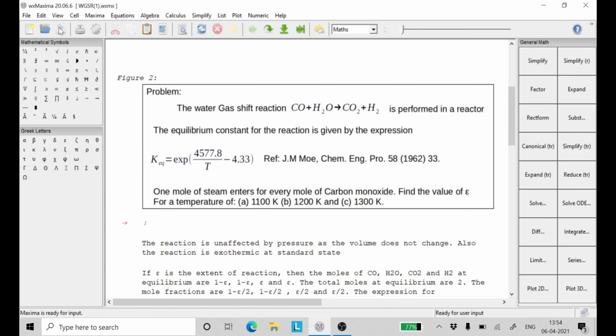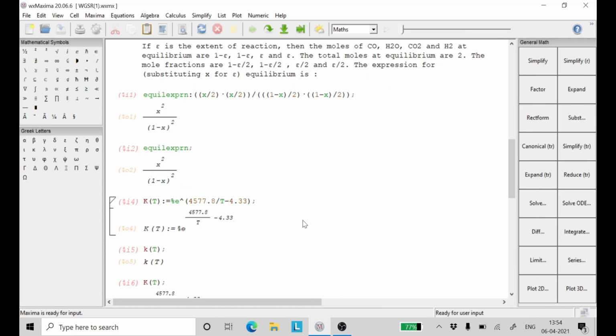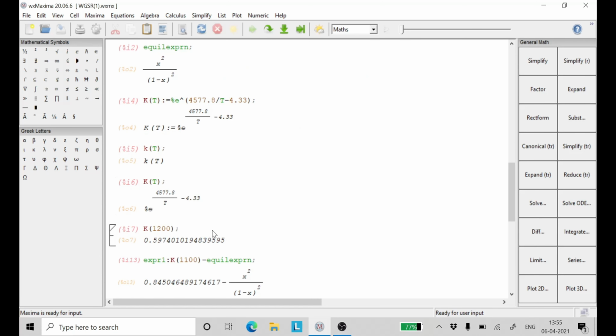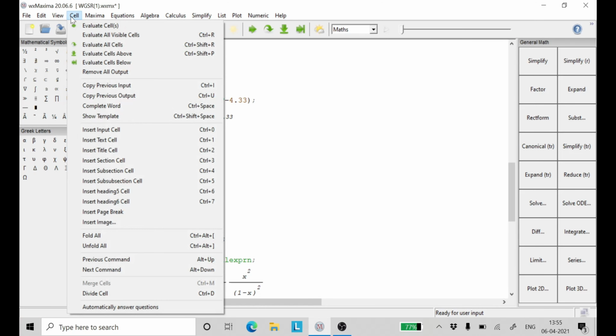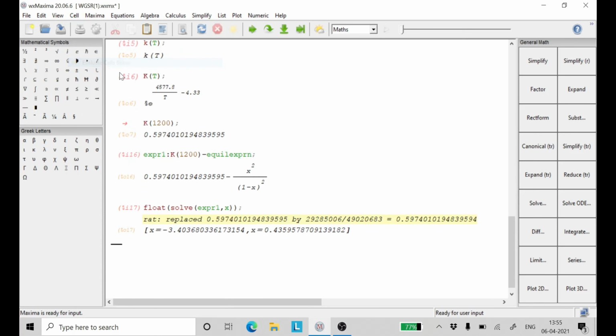Now let's save it. Now I want to do the calculation for 1200 Kelvin. So all I do is go here, instead of 1100, I put 1200 here, come back to this point, go to cells and go to evaluate cells below.